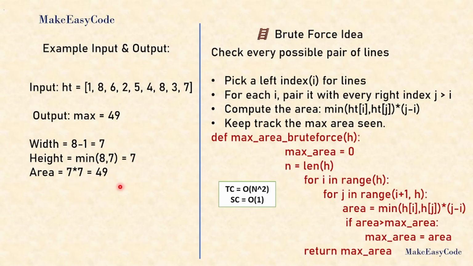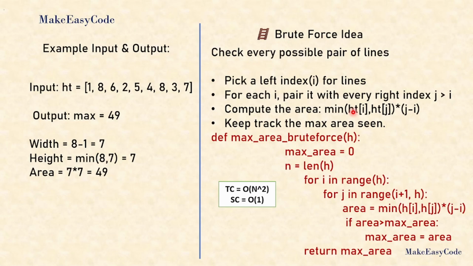Okay, now start with the most straightforward approach, that is the brute force idea. So the idea is to check every possible pair of lines, and I have mentioned the pseudocode below. We pick a left index i from 0 to n minus 1, and for each i pair it with every right index, that is j greater than i, and compute the area.